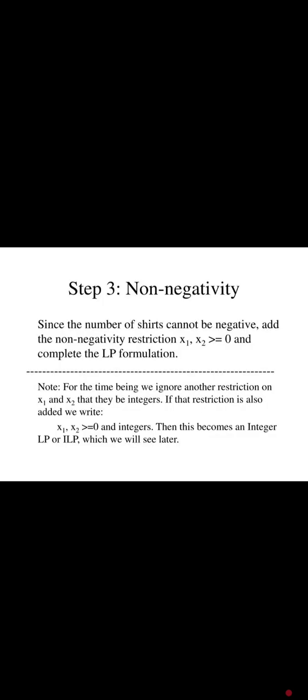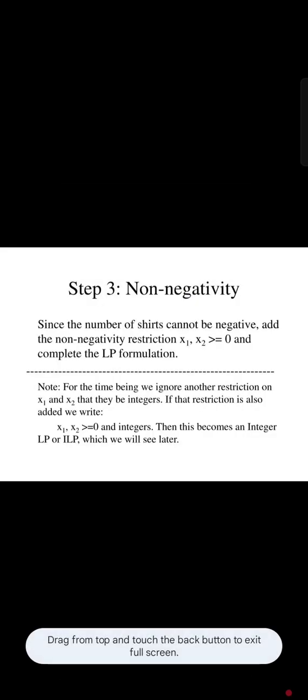And the non-negativity constraint: since the number of shirts cannot be negative, that is, we do not consider shirts as -1 or -2. Therefore, we add the non-negativity restriction x1, x2 greater than equal to 0, and complete the linear programming formulation.